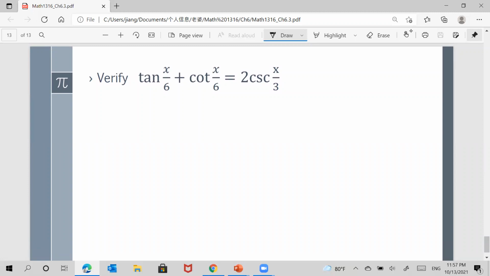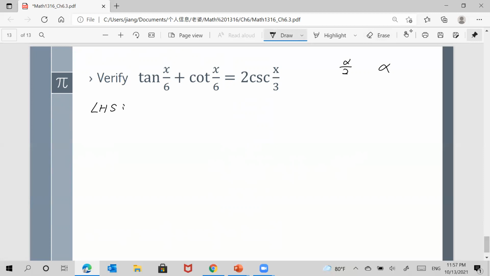So I prefer to start from the left-hand side. You can do it either way, but the left-hand side has 2 terms, so it's more complex. The left-hand side, I'd better not use an equal sign, is this: cotangent of x over 6 plus the other term. Here we have x over 6 and x over 3, so the relationship is alpha over 2 and alpha.